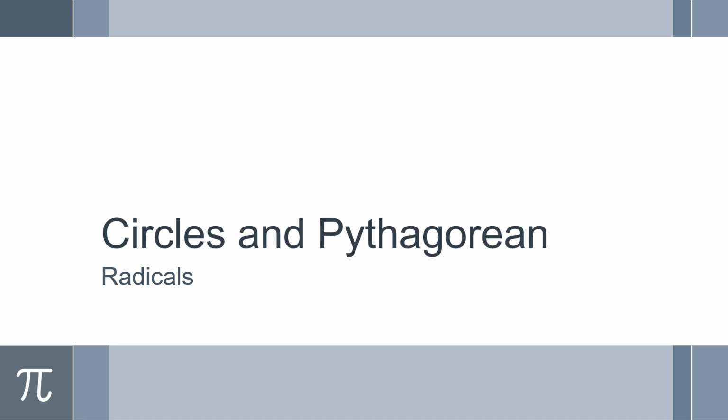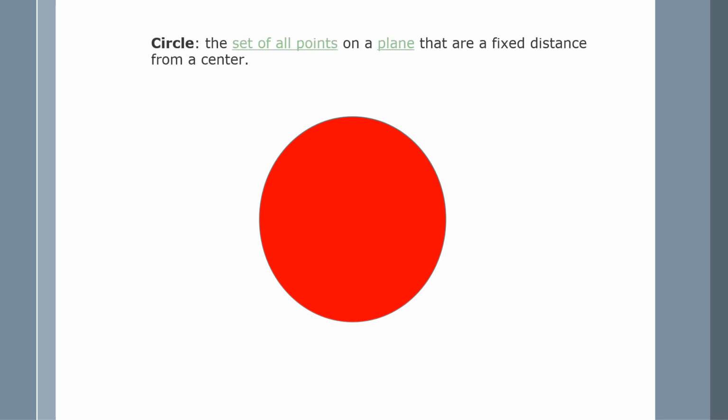All right, circles and Pythagorean, because we have to know all about it. So, a circle is the set of all points on a plane that are a fixed distance from a center.